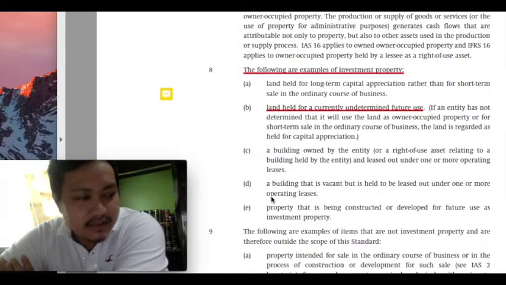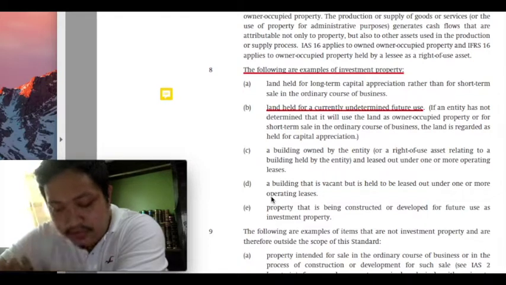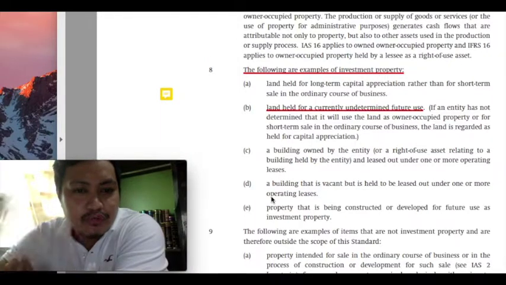At this point, class, maybe it's good if I give you a brief distinction between an operating lease and a finance lease. Operating lease is the common way of rent that we know of. You make use of somebody else's property and you make regular payments.